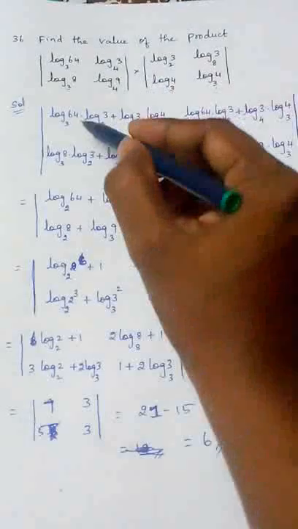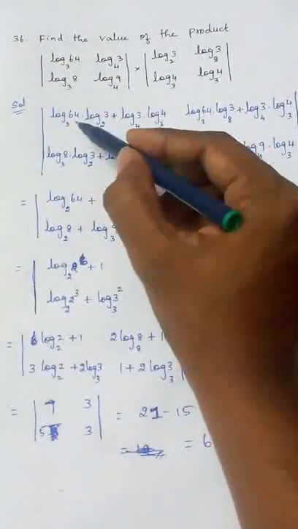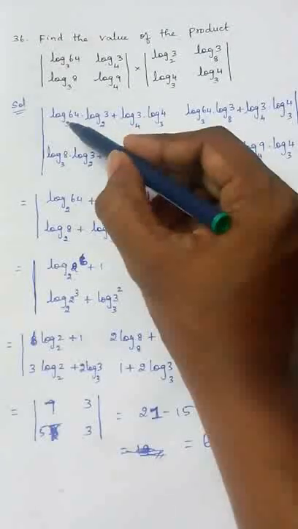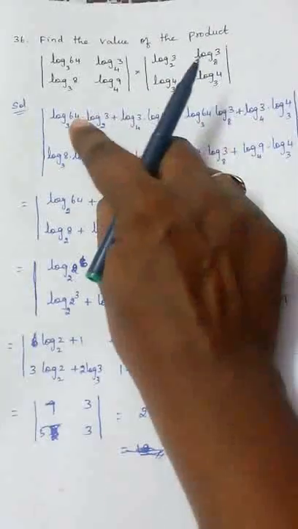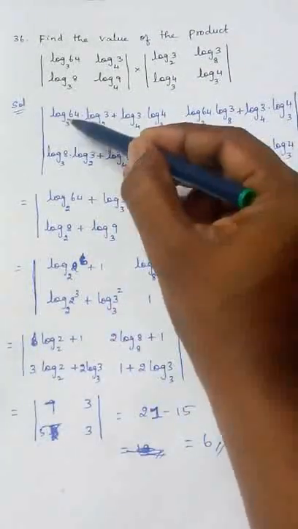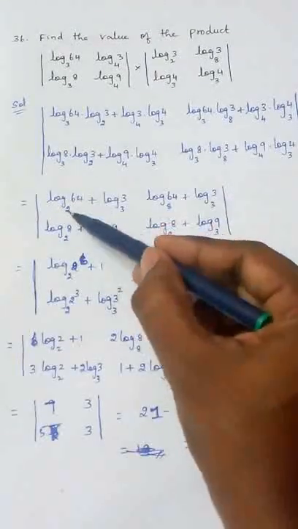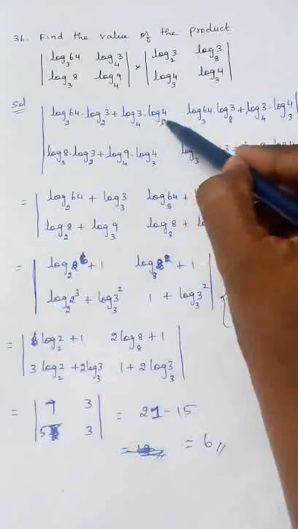Now you see this 3 goes off because of the logarithmic property, the change of base rule formula. 3 and 3 cancel, and the result will be log 64 base 2, because 3 goes. Similarly here also 4 goes, only log 3 base 3 comes.